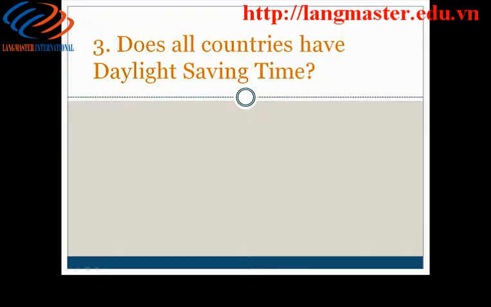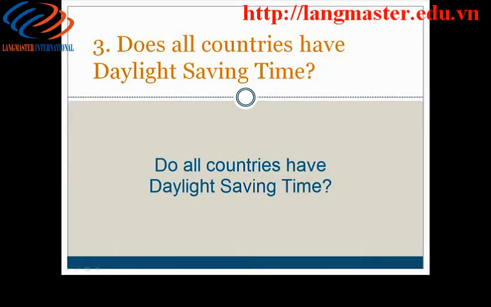The mistake is with agreement. We do need a helping verb, but does is not the correct form. Our subject is all countries, third person plural. The helping verb we need is do. The correct question is, do all countries have daylight saving time?